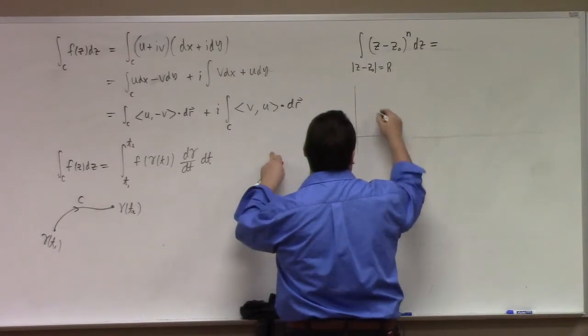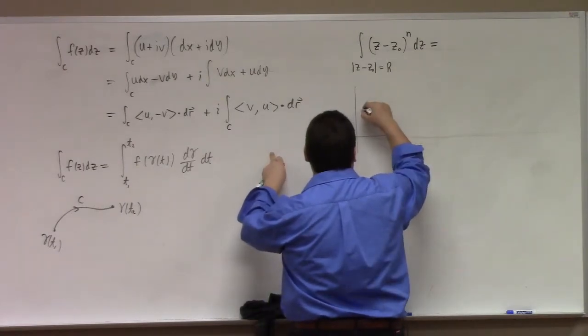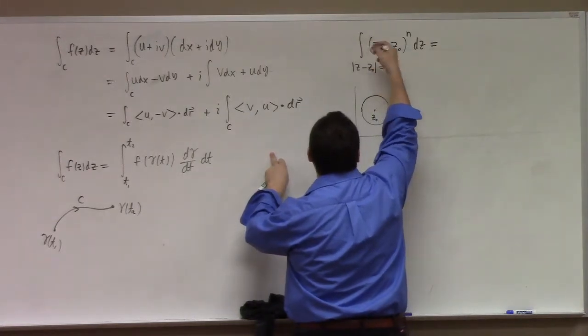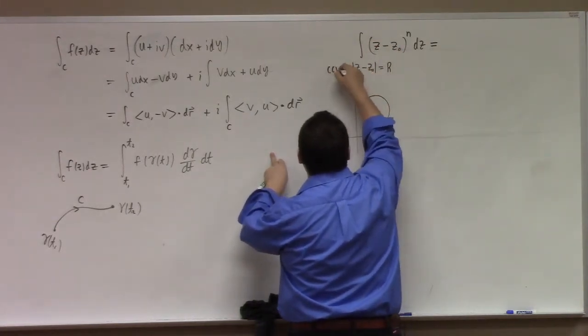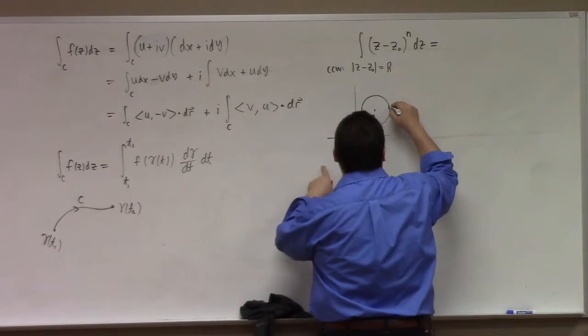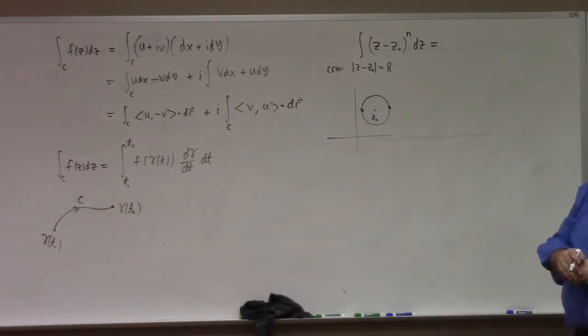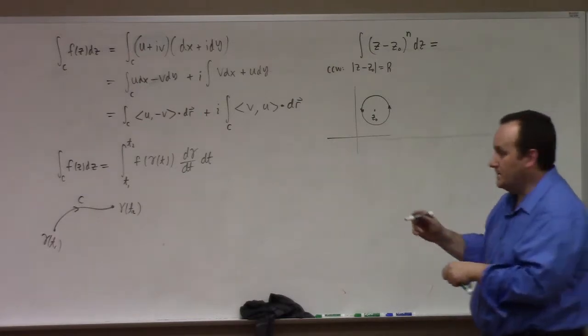So the picture is here. Here's my z naught, right? And we'll let it be counterclockwise, okay? So I need to come up with a parameterization for the circle.